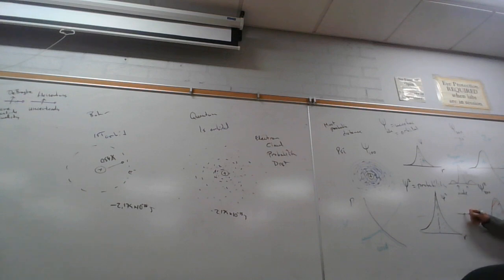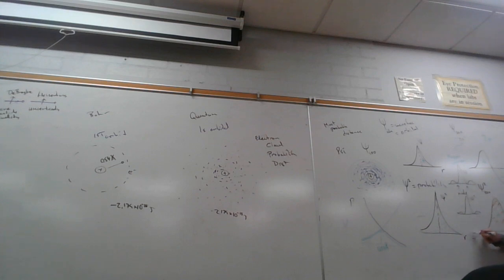And so when we look at the probability distribution, it's going to be psi squared. And when we look at the electron cloud, it's going to look like this, where the highest probability is going to be here.